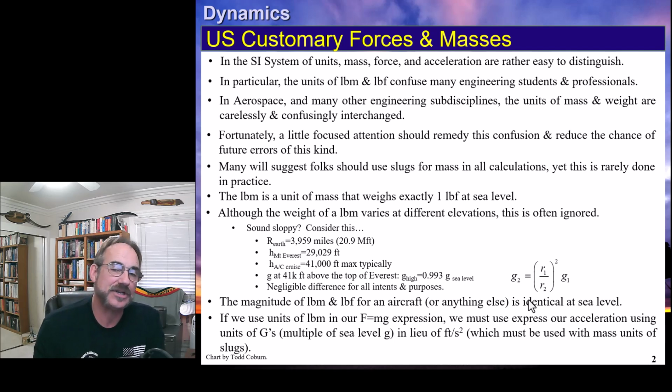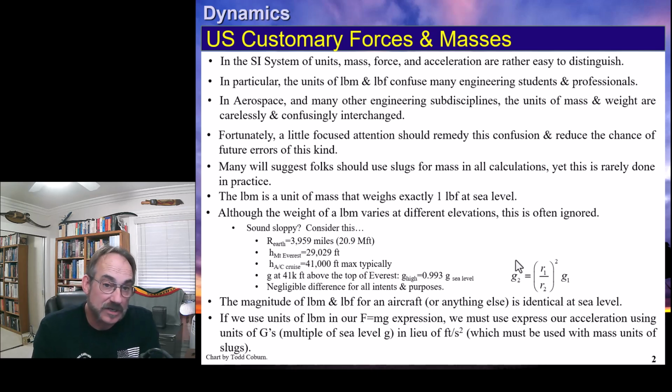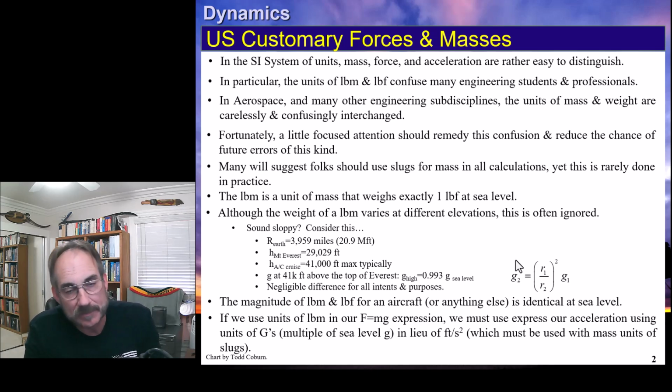In this case, you can just plug in your weight times the number of g's, and that will give you what that number is. For example, if you want to know how much force is on an aircraft, you can say, well, I'm pulling 2 g's, so you just multiply the weight of the aircraft times that 2 g's, and that will give you the force that's being applied. Kind of sloppy, but it works.